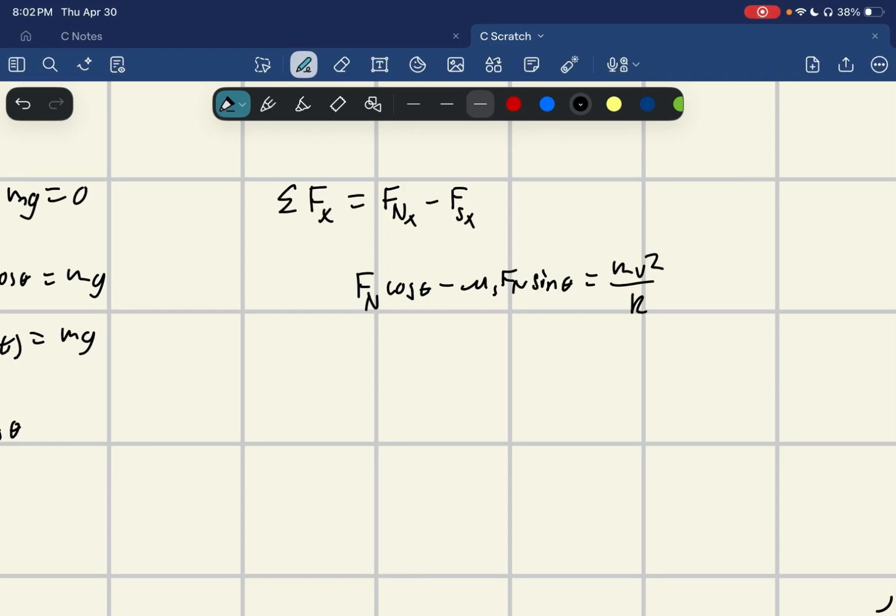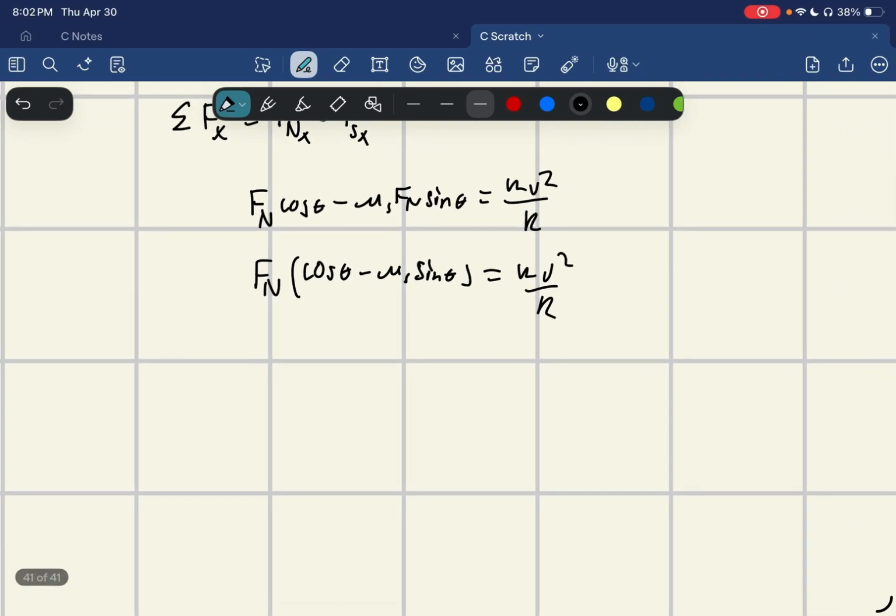And then once again factoring out an Fn on the left side, Fn times cosine theta minus mu s sine theta is equal to mv squared over r, and then isolating for Fn.